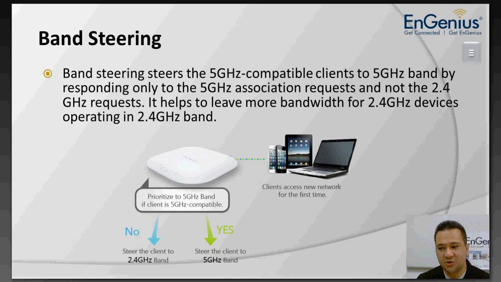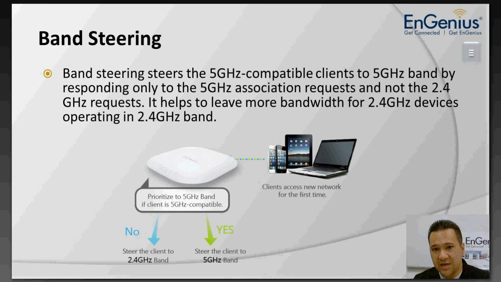Band steering checks whether the client can also use 5 GHz, and if it's possible, it opens only 5 GHz to the client and does not let the client use the 2.4 GHz.